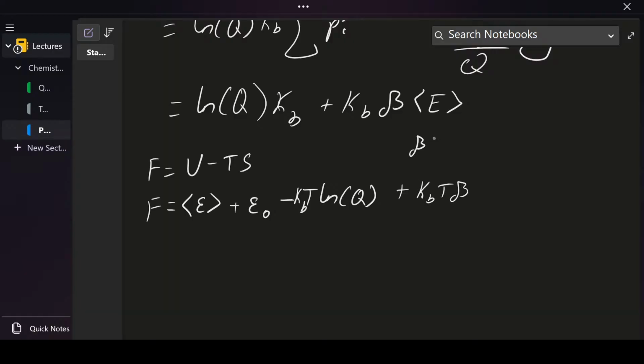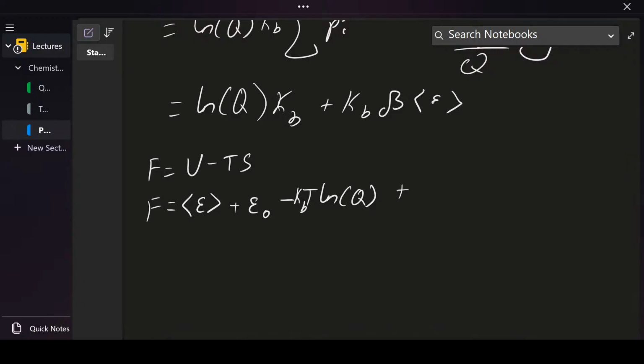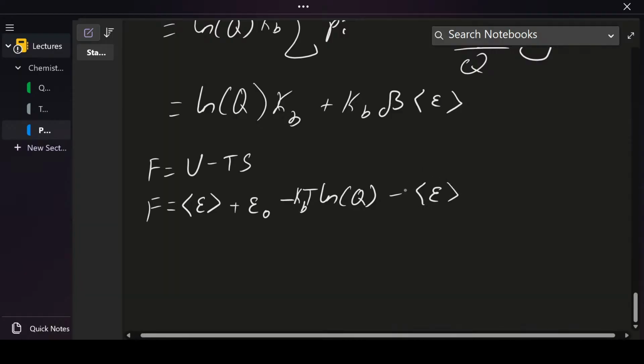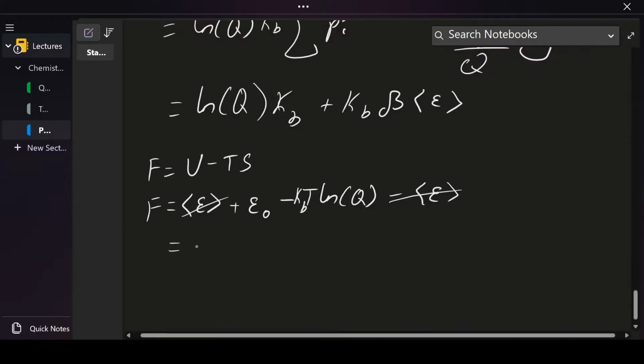If you recall, beta is equal to 1 over k_B T, so this term is just equal to the expected energy. Oh, this should be an epsilon. And this is subtracted now. So these are going to cancel out, and in the end I get the expression F is equal to negative k_B T ln Q plus epsilon naught.